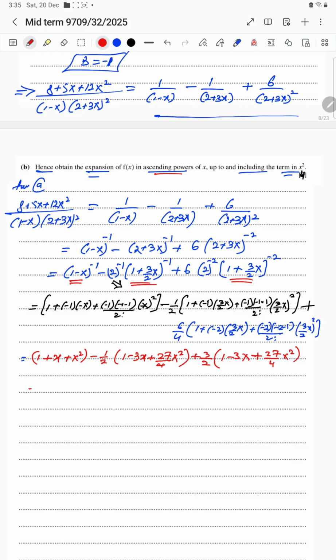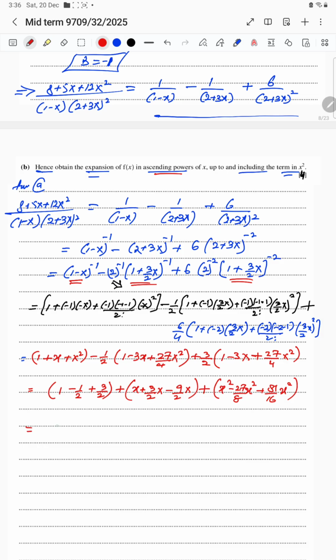Further simplifying and arranging the terms, I will write 1 minus 1 by 2 plus 3 by 2 as the constant first, then the term of x: x minus minus plus 3 by 2 x minus 9 by 2 x, plus again the x squared term: x squared minus 27 by 8 x squared plus 81 by 16 x squared.